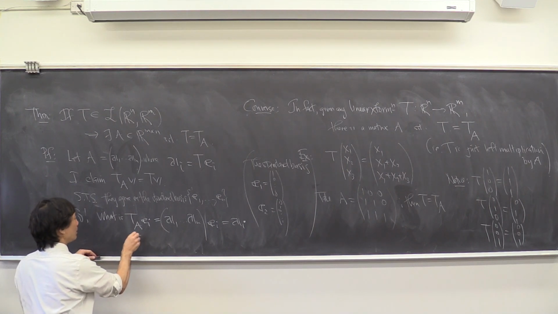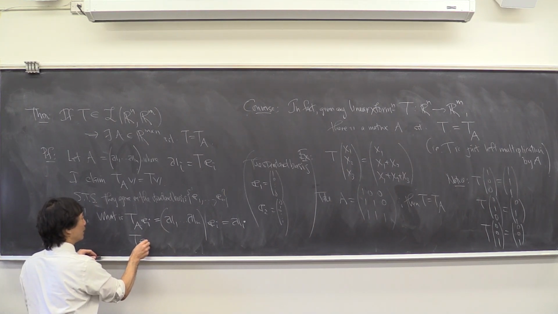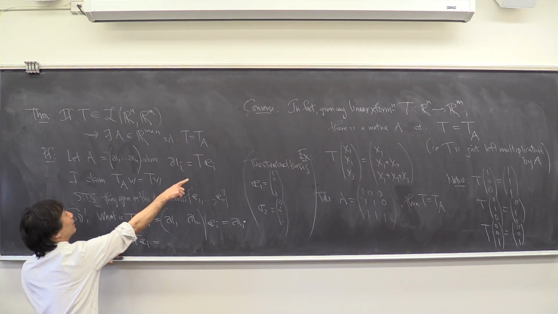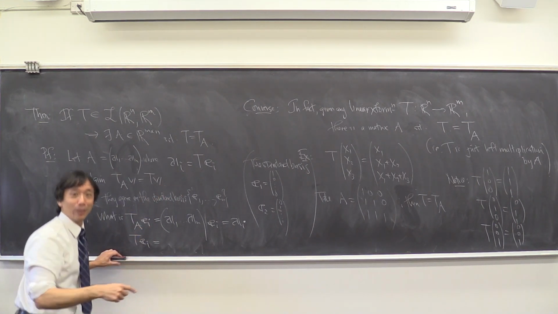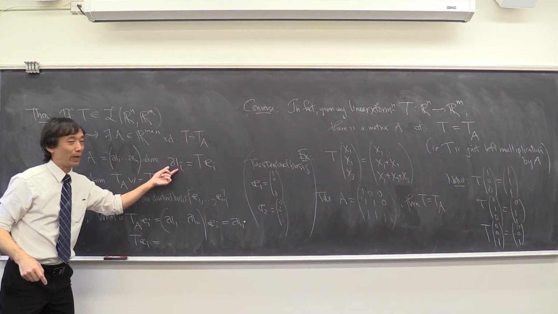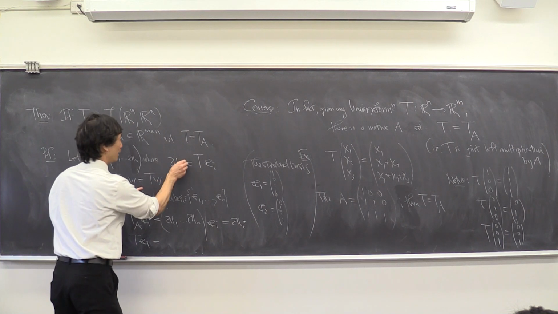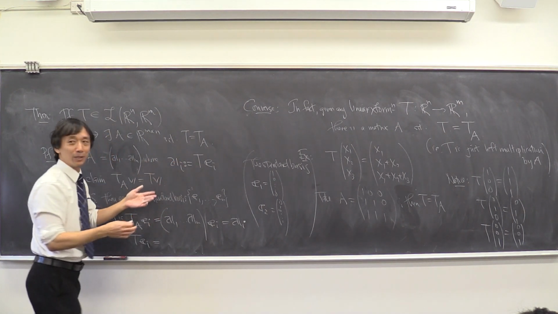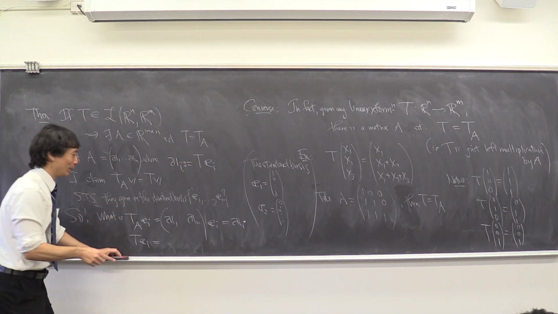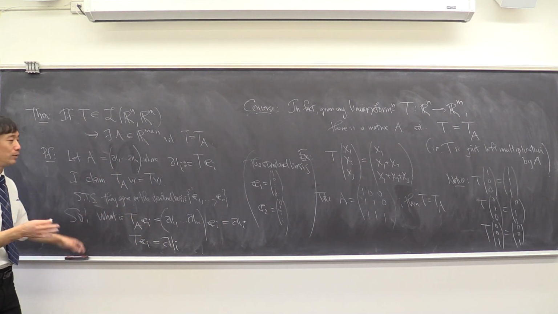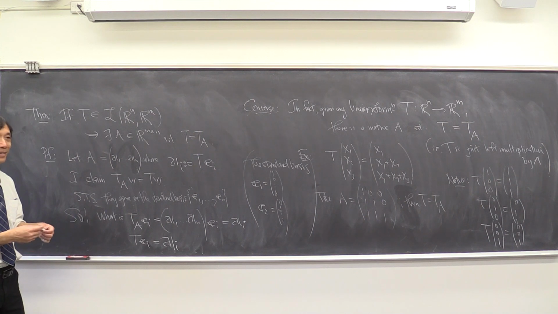Okay, what's T of EI? Well, T of EI is AI, remember, right? AI was defined as T of EI. AI was created to be T of EI, right? That is AI, right? And so these guys agree, right?